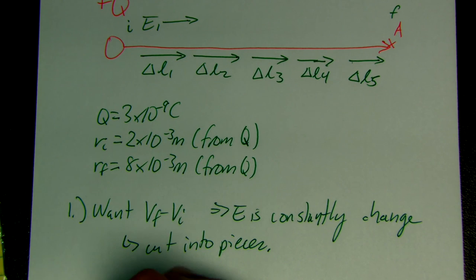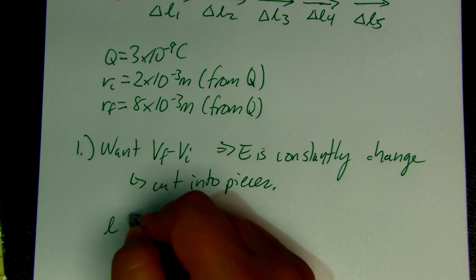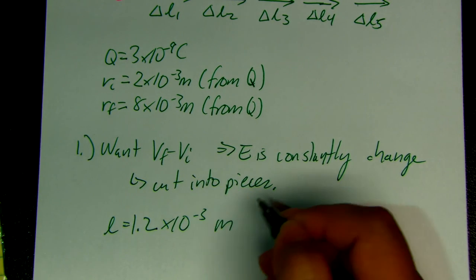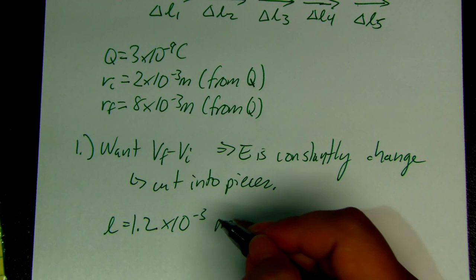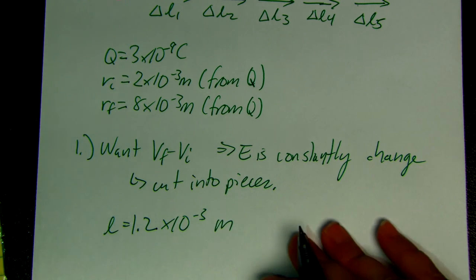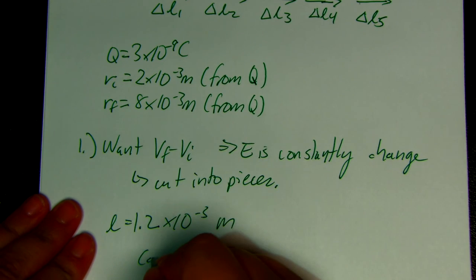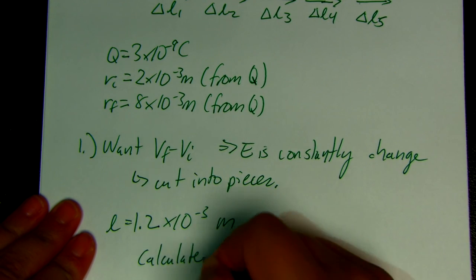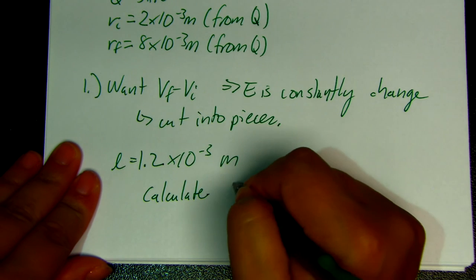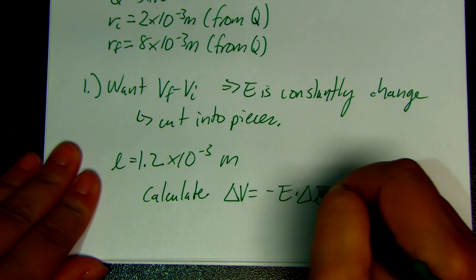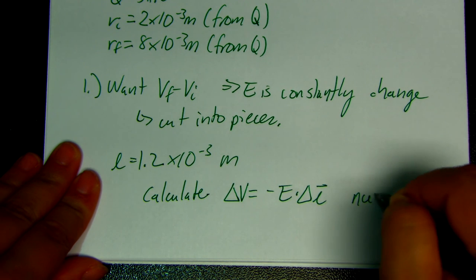With our 5 pieces, the length is going to be equal to 1.2 times 10 to the minus 3 meters. And we will calculate delta V equals minus E dot delta L numerically.